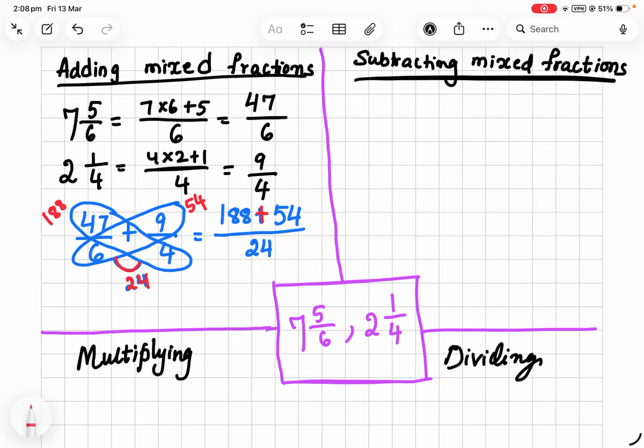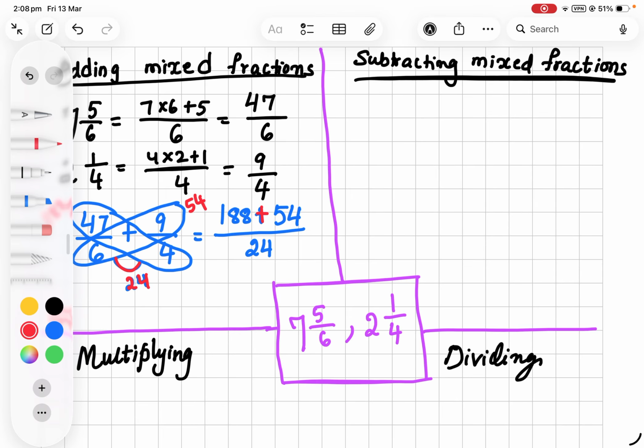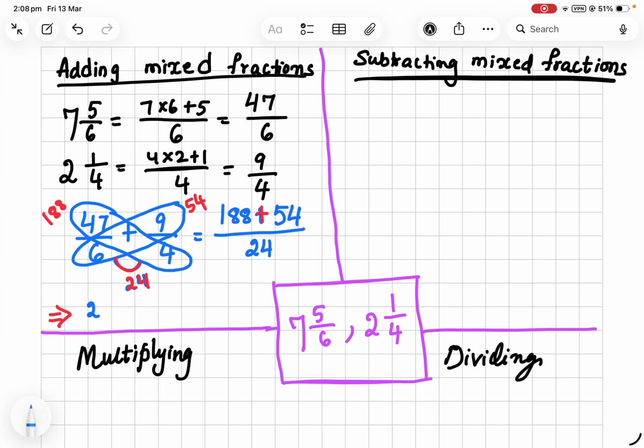So 188 plus 54, that should give you 242, right? So now you have 242, and then you're dividing that by 24.